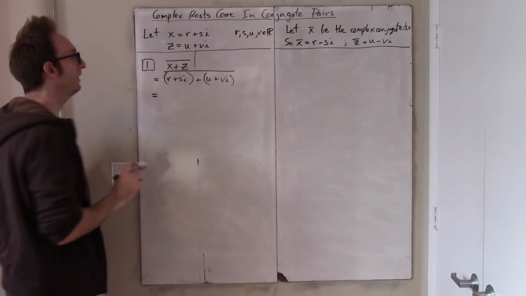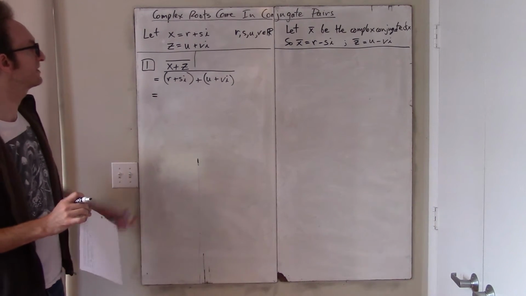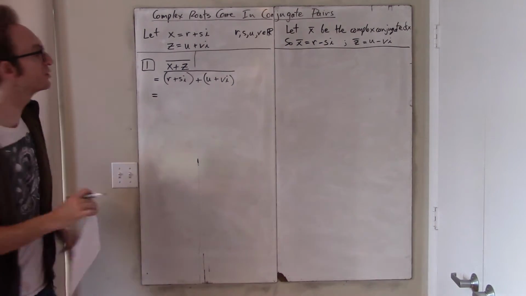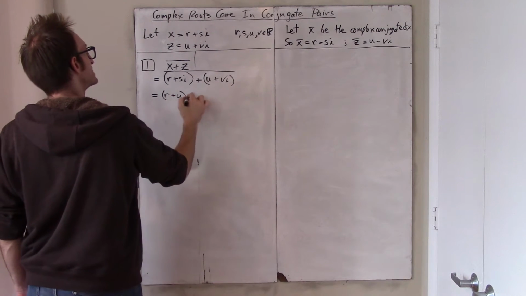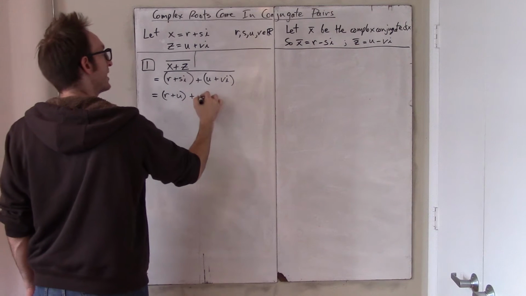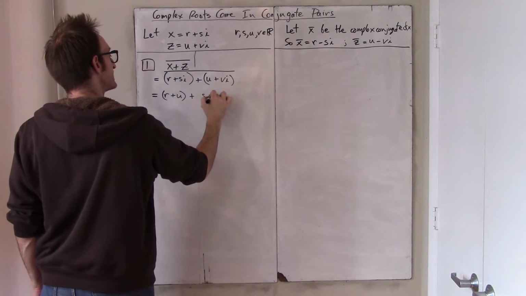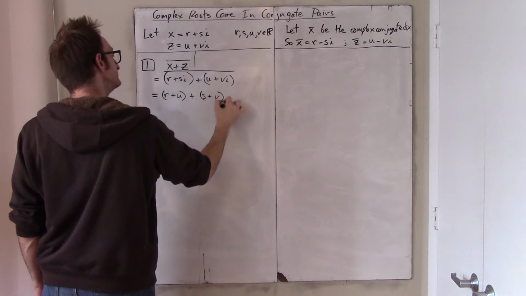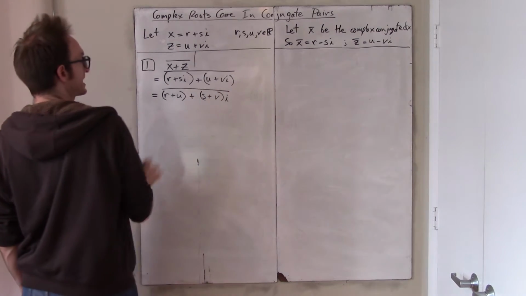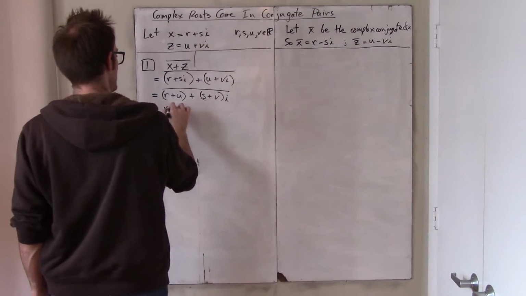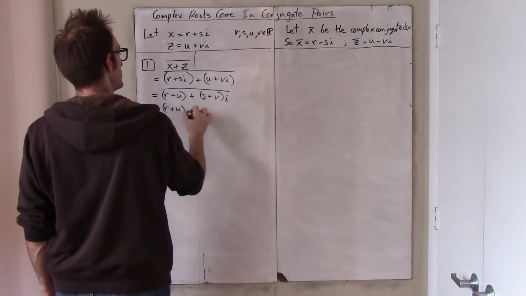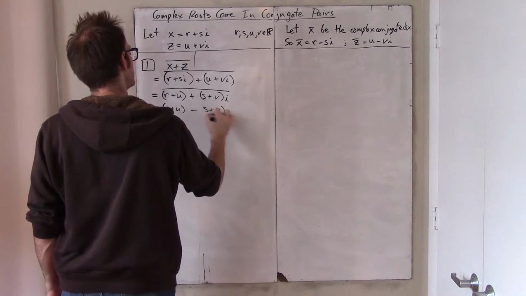I already know that when I add 2 complex numbers, I get a new complex number in which the real part is r plus u, and the imaginary part is s plus v. Now I'm going to take the conjugate. The conjugate of this is just going to be r plus u minus (s plus v)i.